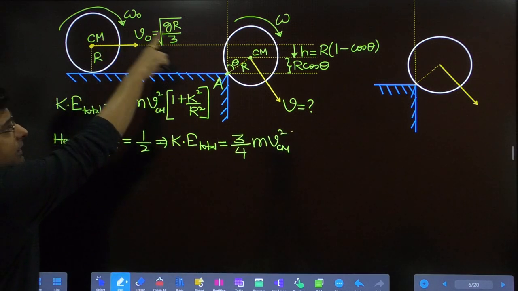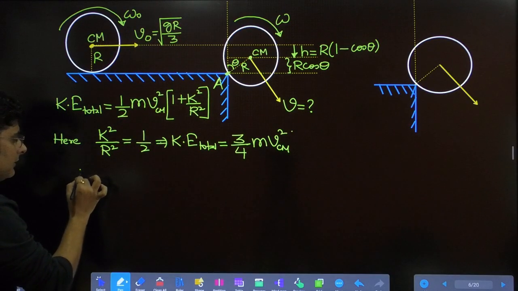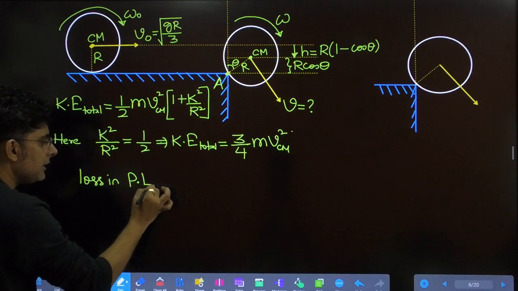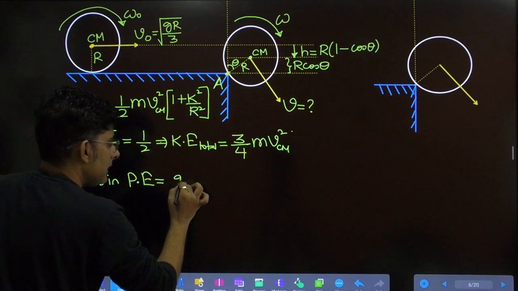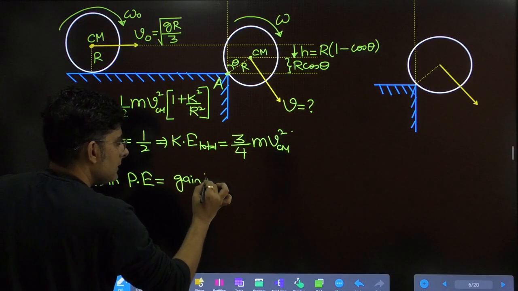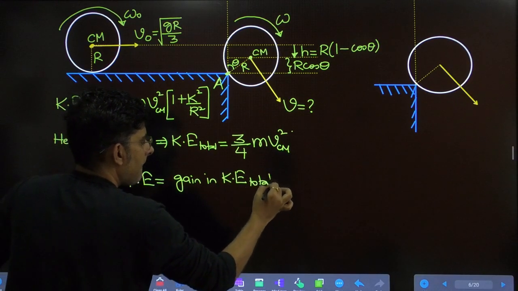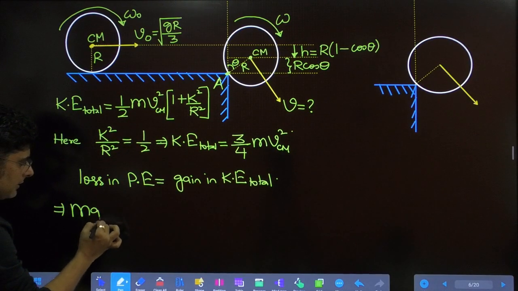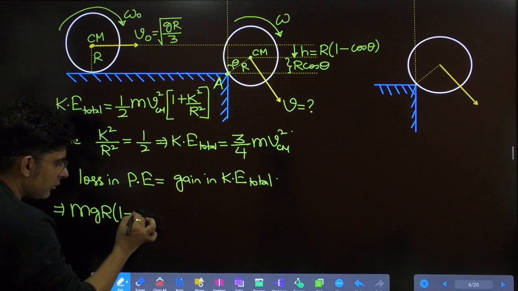Now you can see from this instant to this instant, there is a loss in gravitational potential energy, and that is equal to the gain in total kinetic energy. The loss in potential energy is mgh, where h is R into 1 minus cos theta.